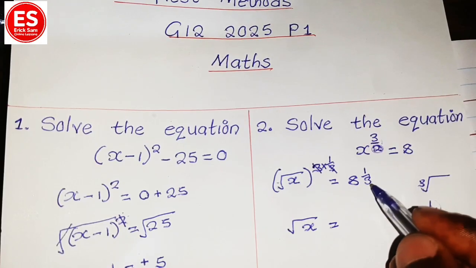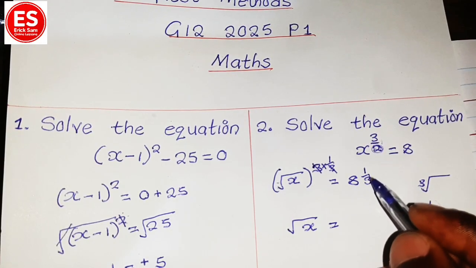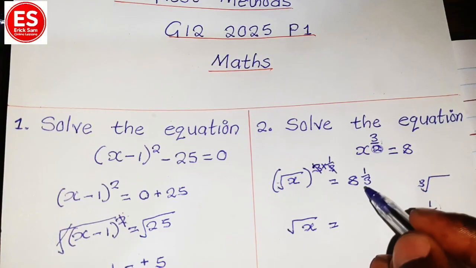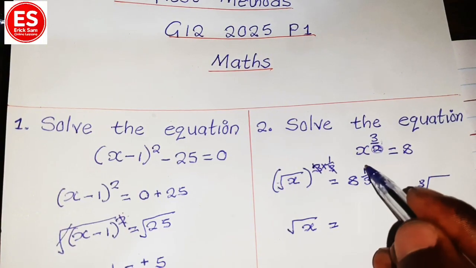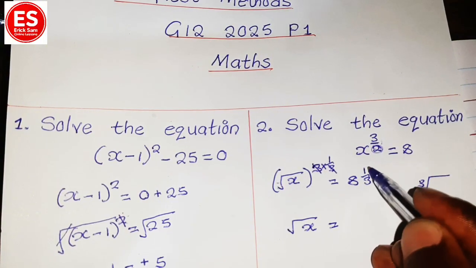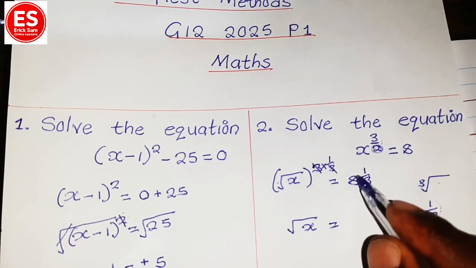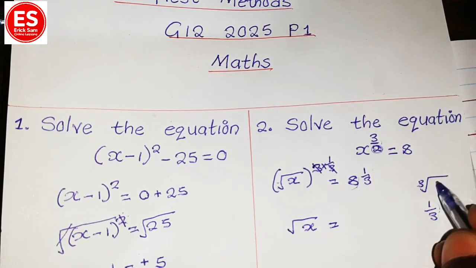The square root of x is equal to, now you understand that the cube root of 8, if you want to cancel this expression, the power here, if you don't want that, you can write 8 here. You write it in this way, so it will be cube root of 8.